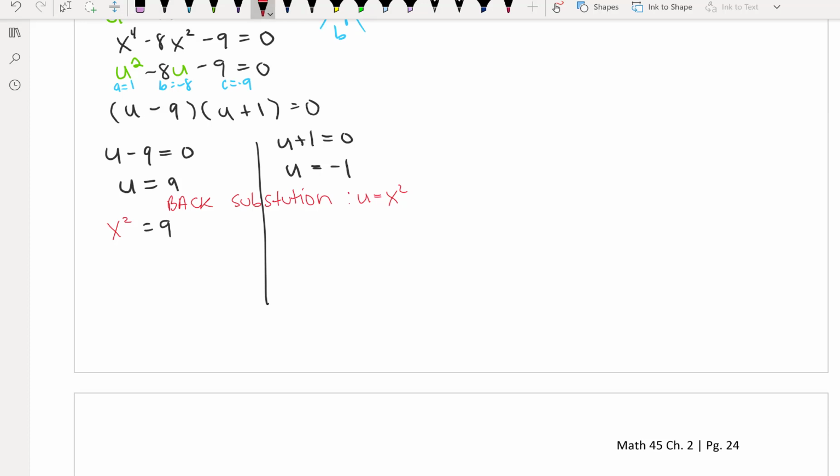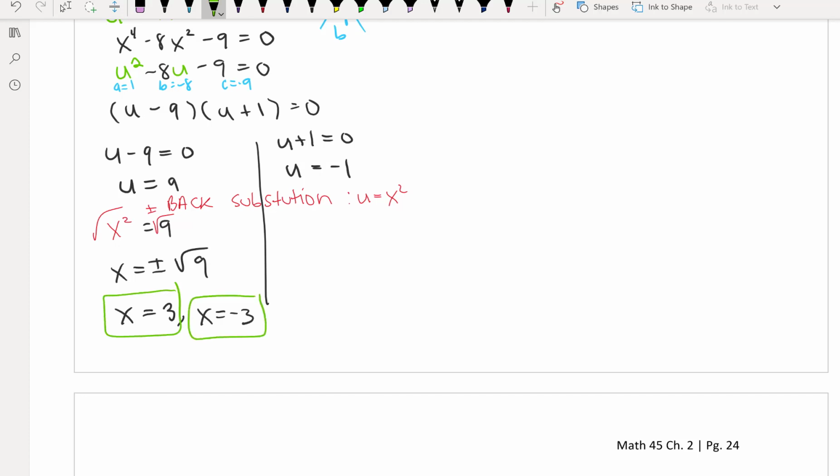In order to get rid of the square, I'm going to do the square root. So now I would have x is equal to plus or minus the square root of 9. So then x is equal to a positive 3, and x is equal to a negative 3. So now I have two different answers.